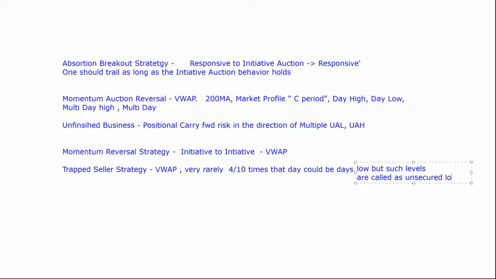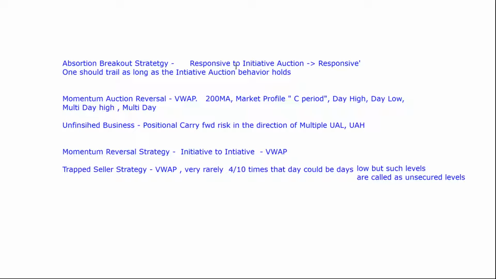Be it a trapped buyer or a trapped seller, no matter what, such levels are always positionally meant to be revisited. Right. And what are the things we still have left?